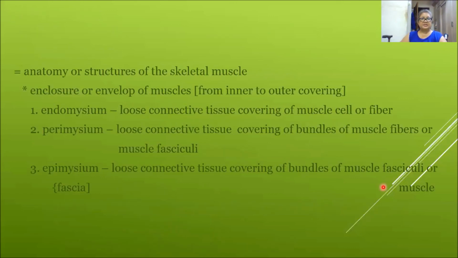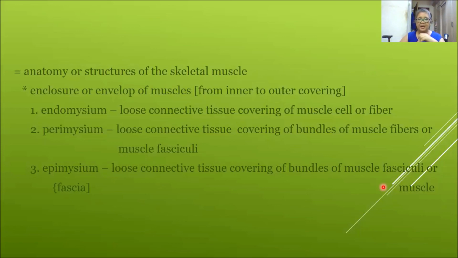The anatomy or structure of the skeletal muscle. You have an enclosure of the muscle from inner to outer. You have the endomysium, which is loose connective tissue covering a muscle cell or fiber. So for each muscle cell or muscle fiber, there is a covering, the endomysium.